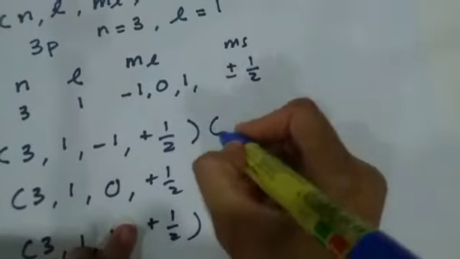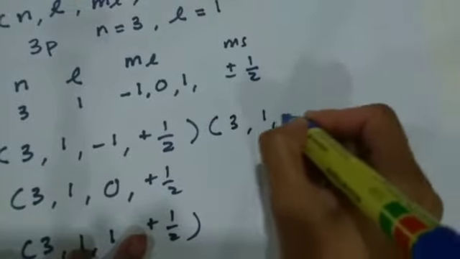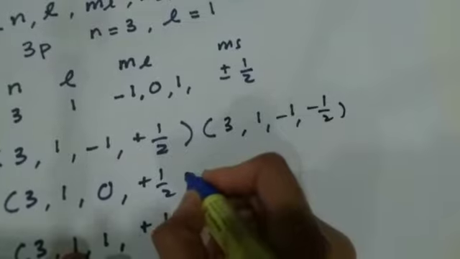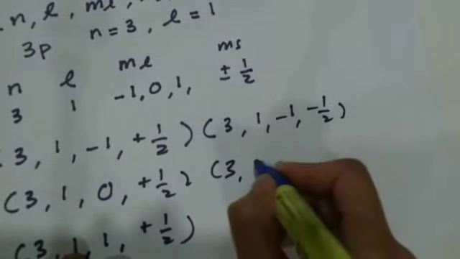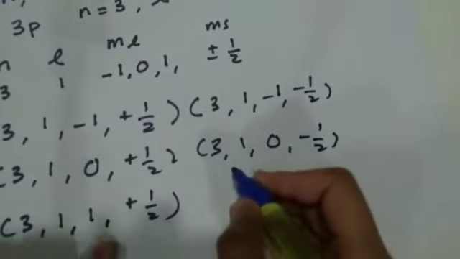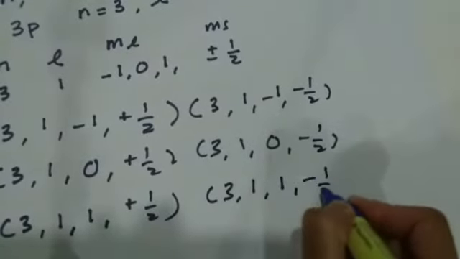So for their pairs: 3, 1, negative 1, negative half; 3, 1, 0, negative half; and 3, 1, 1, negative half.